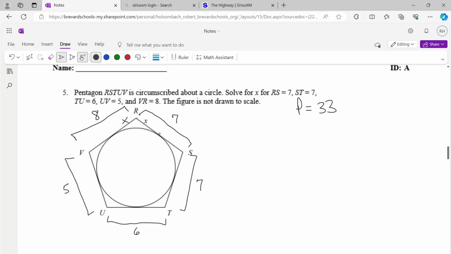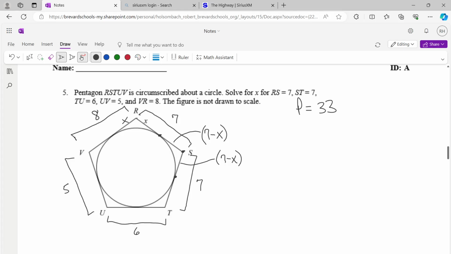Now, if R to this point of tangency is x units and the whole side is 7, then this piece is 7 minus x. If that piece is 7 minus x, it's congruent to this piece. Two tangents are congruent. So right here is also 7 minus x.